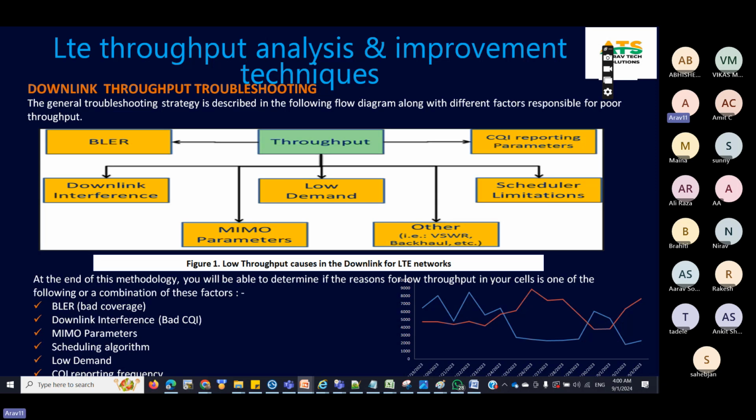That is due to the load. If you have a hardware issue, VSWR issue, or your backhaul is not configured properly, the bandwidth required on the backhaul is not available. That can impact your throughput as well.